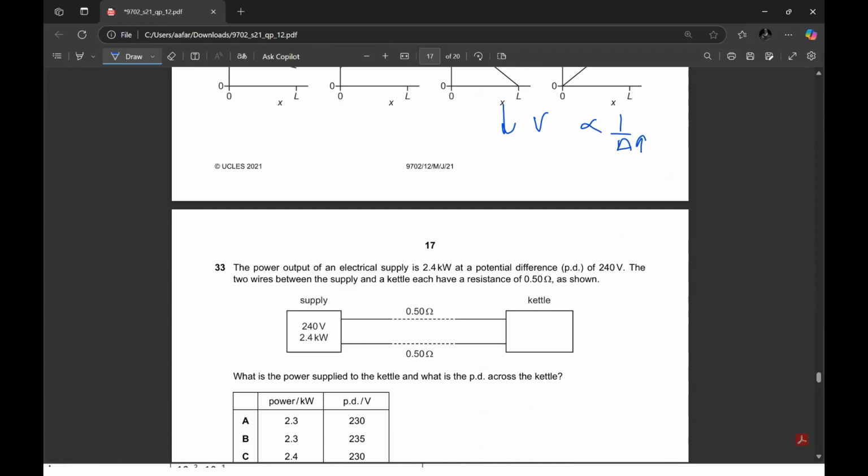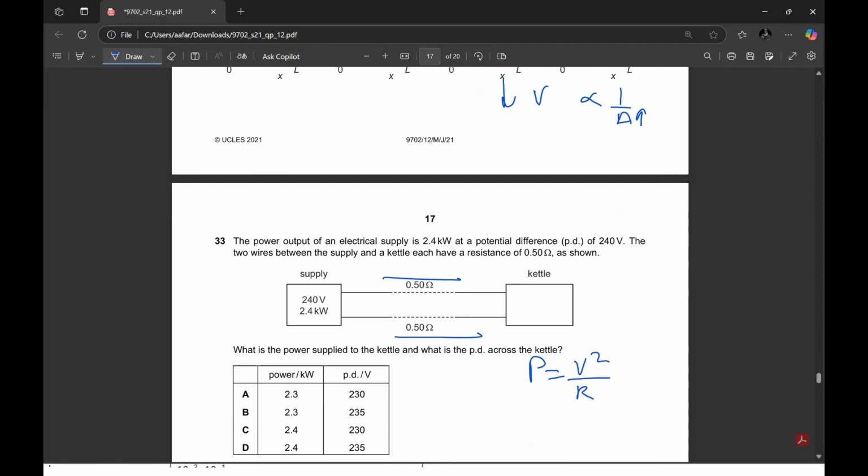So we know that these wires will dissipate power since they have resistance. So one wire will dissipate 240 squared over 0.5.